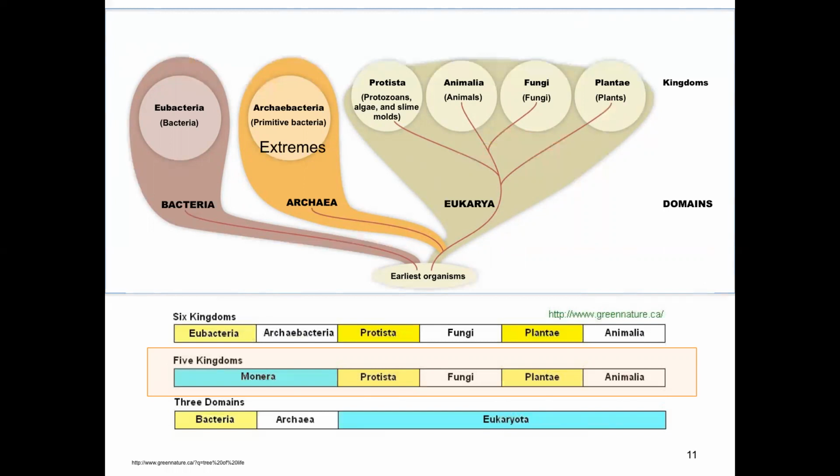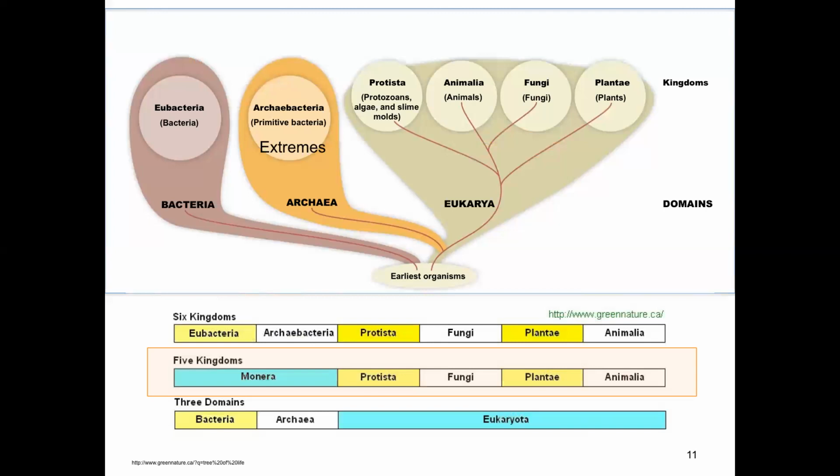It used to be that the bacteria and the archaea were combined into one kingdom called Monera, but the modern way of looking at this, and the correct one for now, is that we have a 6 kingdom system. So why were both these bacteria split into different kingdoms now? That's because the archaea bacteria, these ones are really primitive. We say primitive.